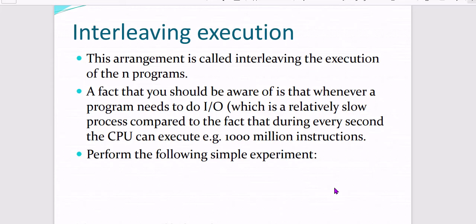And a fact that you should be aware of is that whenever a program needs to perform input or output, and if you don't know what input and output are, I'll again explain it in a moment, input and output is relatively slow compared to the fact that during each second the CPU can execute, for example, 1,000 or 1,000,000 or 100 or 1,000,000,000 instructions.